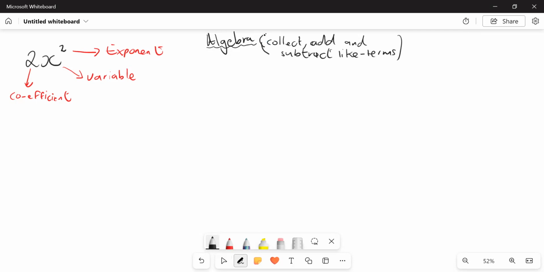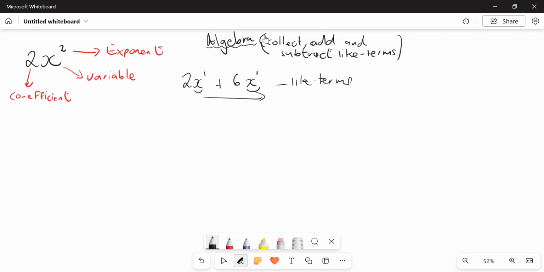So for an example, let's say now we have 2x plus 6x. If you can check, the exponent here is 1 as well as 1. That's correct. The variable here is x as well as x. So these are like terms, right?